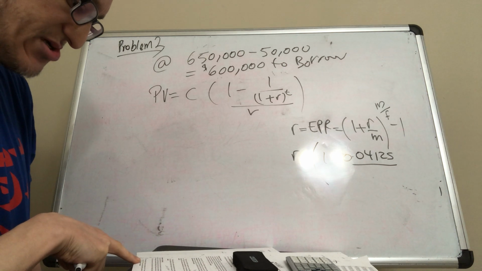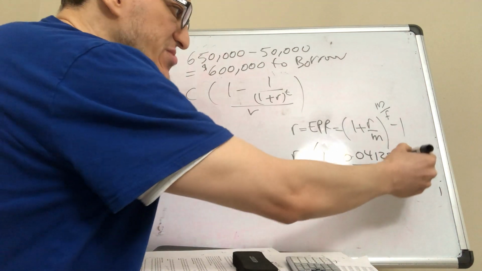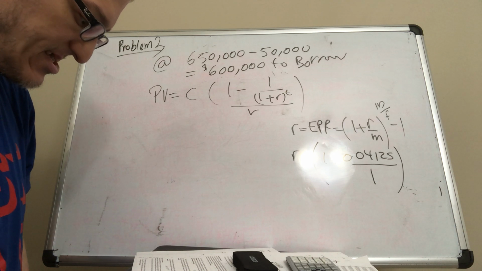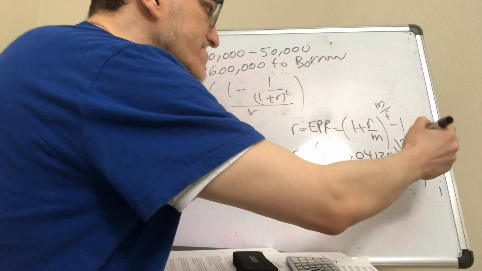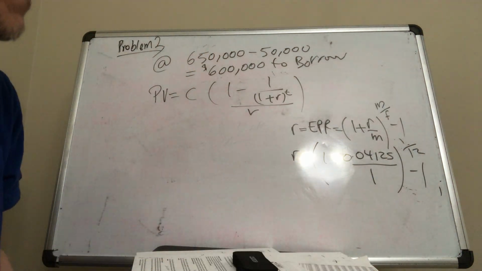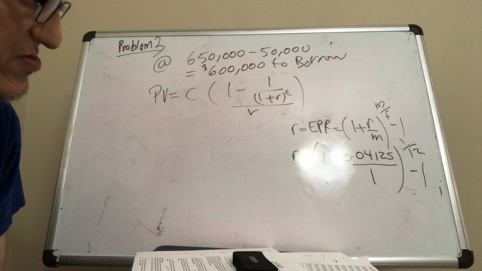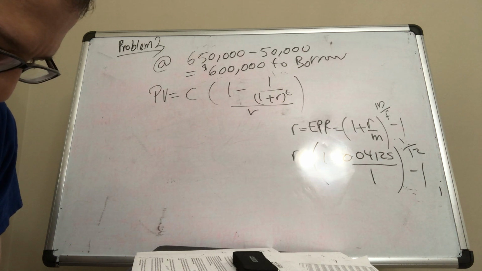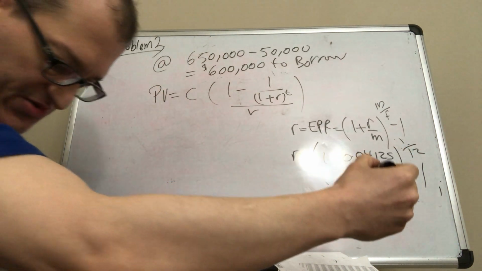Since they don't tell you what the compounding is, they just say 4.125, we assume it's annual compounding. But with monthly payment, the compounding is 1 with monthly payment. So we do the math. And that would be 0.0033742.